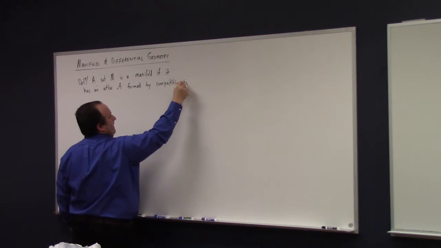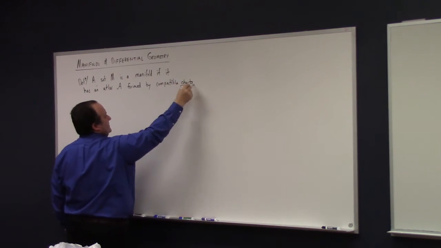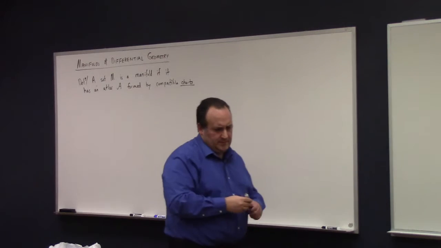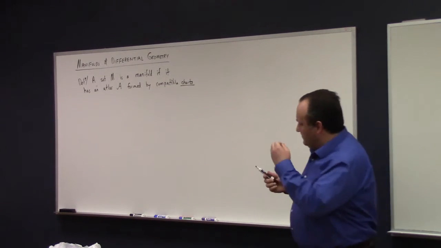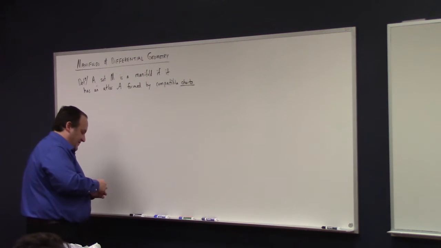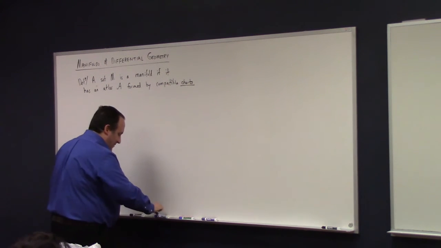I guess that begs the question, what do I mean by compatible charts? This is going to be one of those definitions that unfolds in reverse order because of my poor planning here.